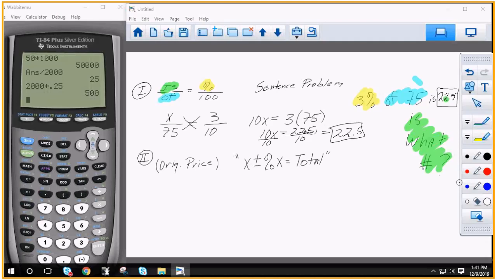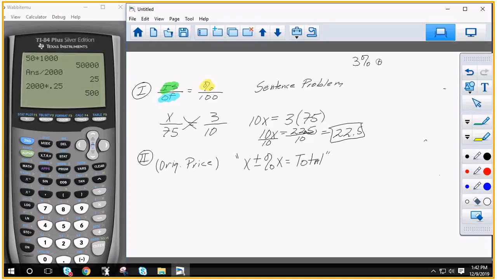And then you can say 3% of what number is equal to 47? Let's try that. 3% of what number is 47? So let's take our colors.